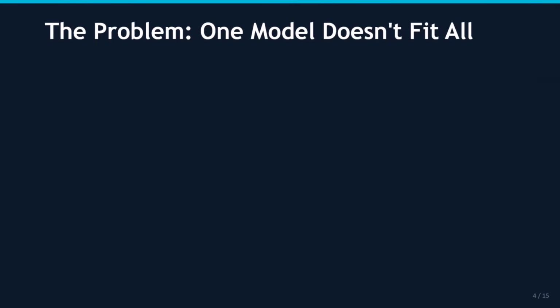So here's the problem we all face. How many times have you asked yourself, which model should I use for this? Look at these 3 scenarios. If someone asks what is 2 plus 2 and you route that to GPT 4.1, you're spending 50 times more than you need to. That's like booking a private jet to go across the street.